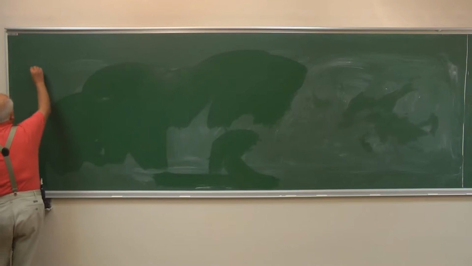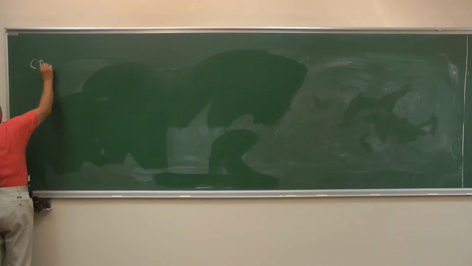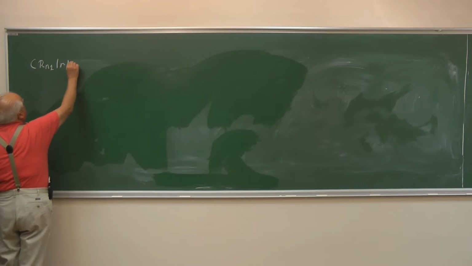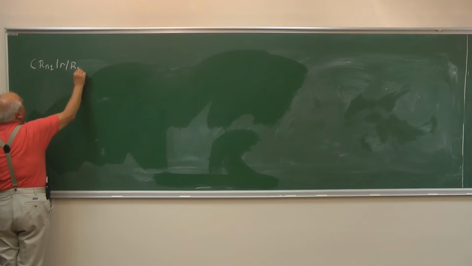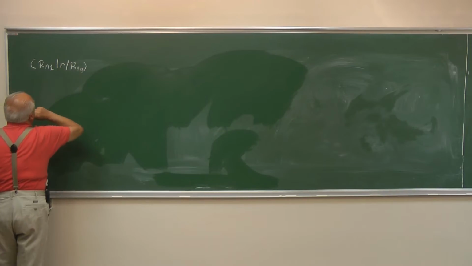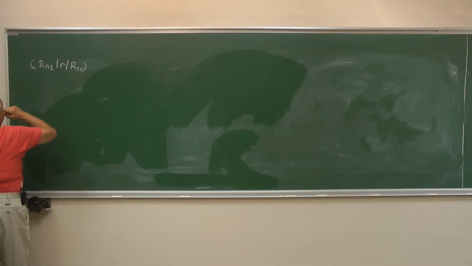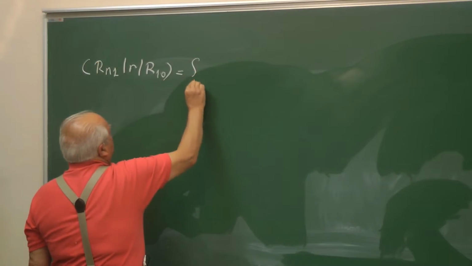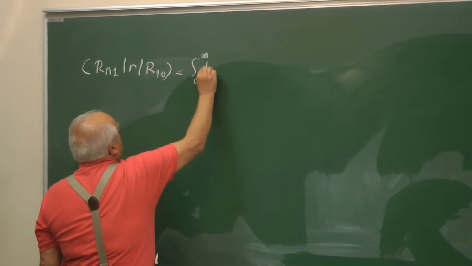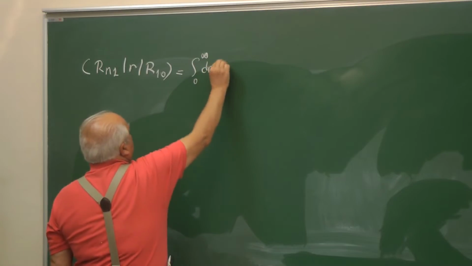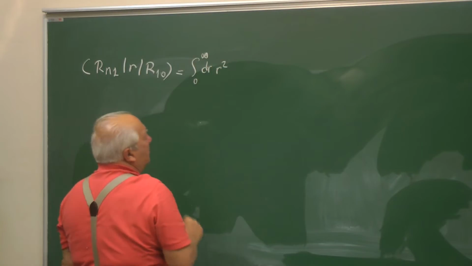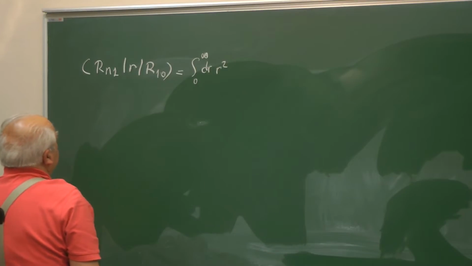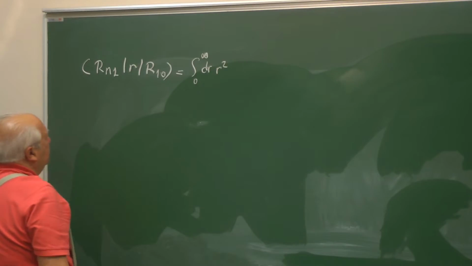Now we will compute the radial integral. We did the angular integral. Now we are doing the radial integral, and that's where the coupling strength lies.